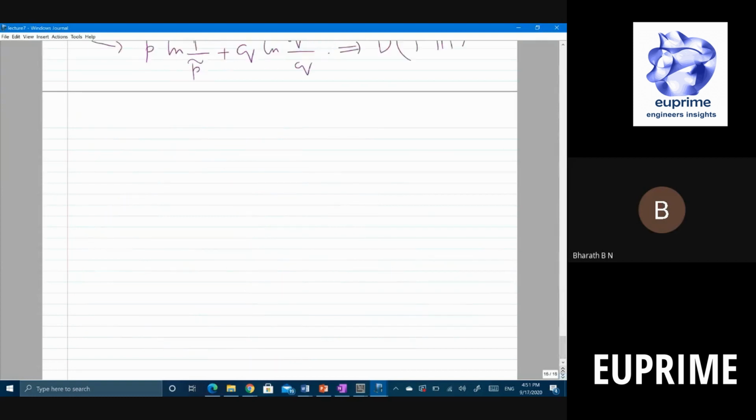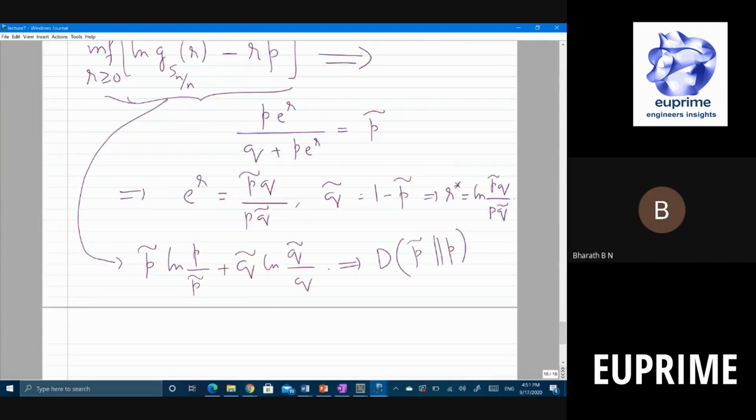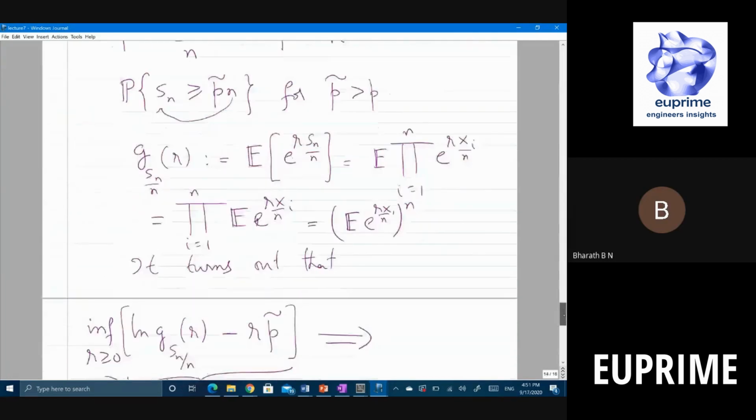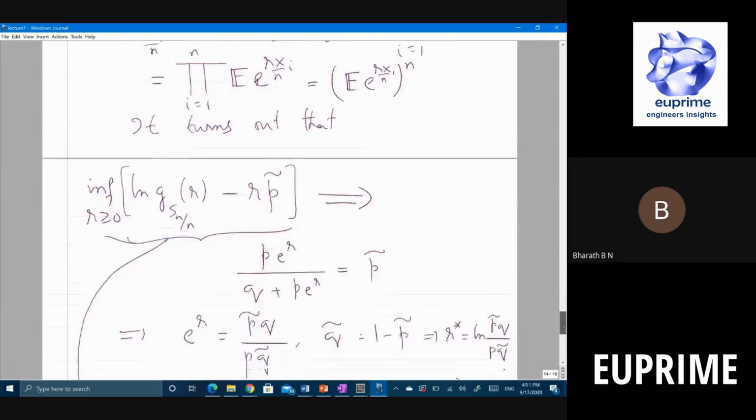Now we have the exponent. So what will be the answer? Final answer: the probability of Sn greater than or equal to p tilde n is less than or equal to the exponential of, well, remember, it will be 1 over n. It turns out that there is n times the Kullback-Leibler distance between this and this. Did I miss an n somewhere? Yeah, I think I missed an n somewhere.